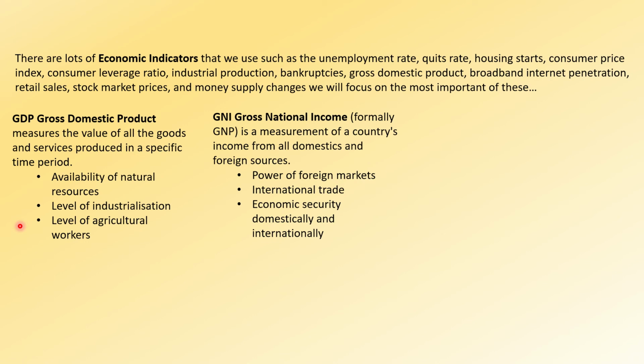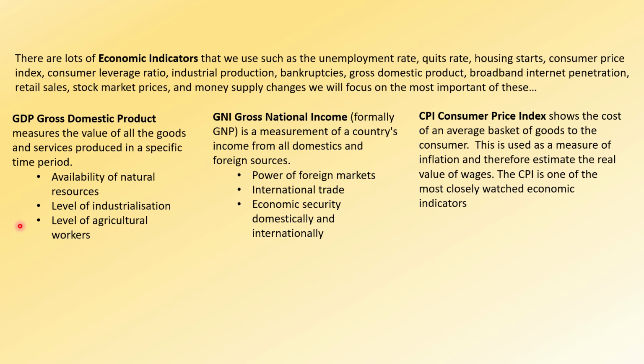And so the gross national income tells you about a country's power, not just domestically, but also in foreign markets. It tells you how influential a country is in its international trade. And also you can talk about the economic security of a country on a bigger scale than you can with the GDP, because with the GDP, you're just talking about domestic product.